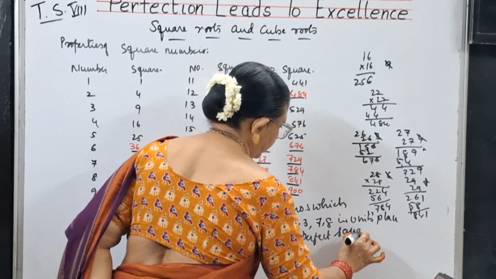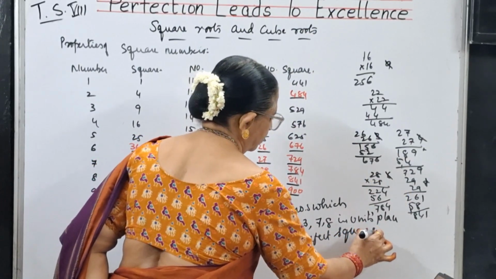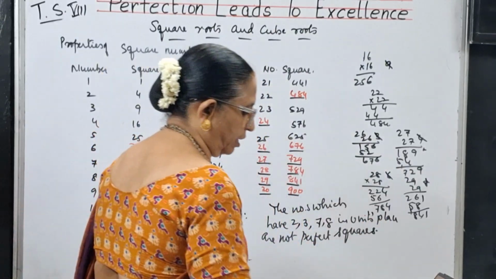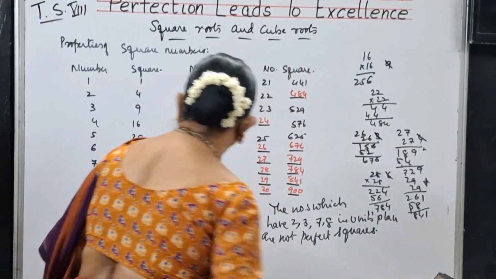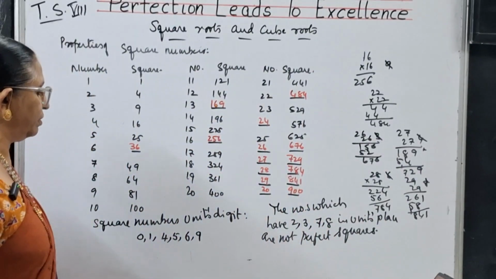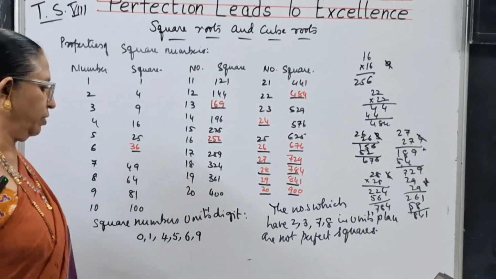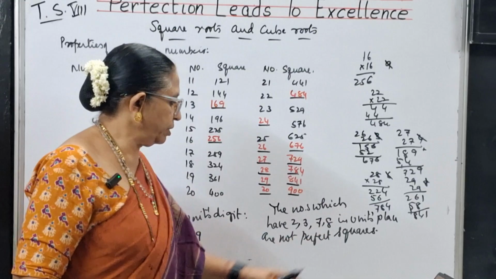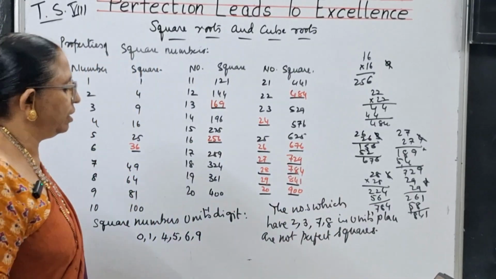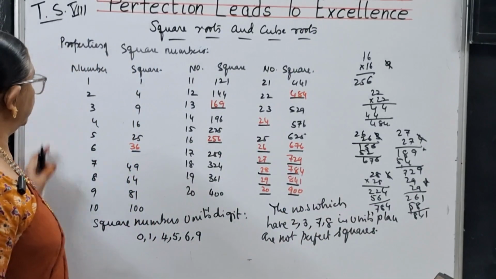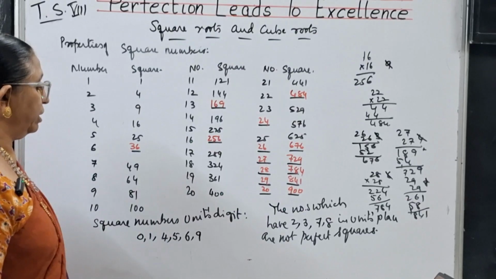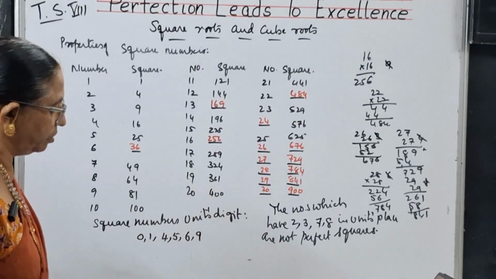They are not square numbers. Why? Because they are not having in units place 0, 1, 4, 5, 6, 9. So by seeing the number itself, you can guess. If they have units place these values, we can say that they are not perfect squares. So this is the property of square numbers. So children, please note it down.